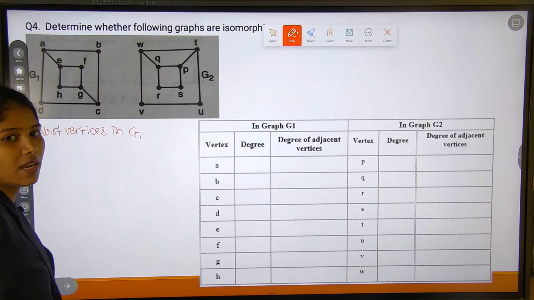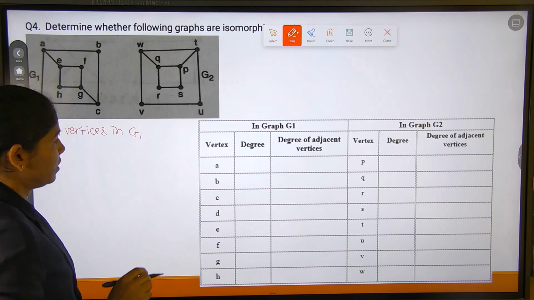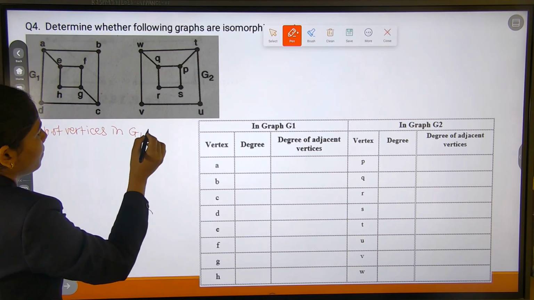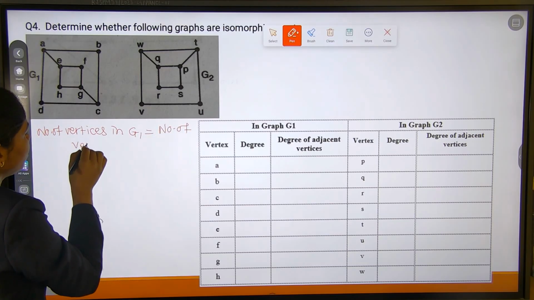How many vertices are there in G1? So total 8 vertices. In G2 also there are 8 vertices, so the number of vertices is the same in both.